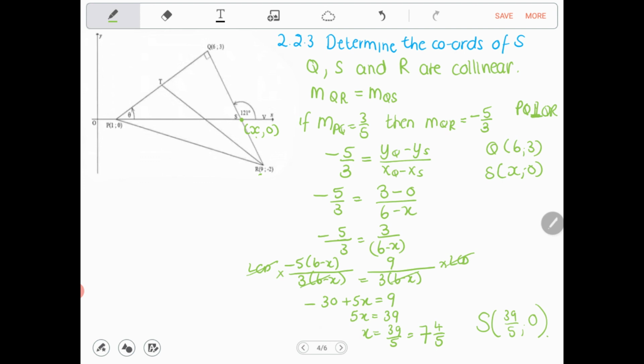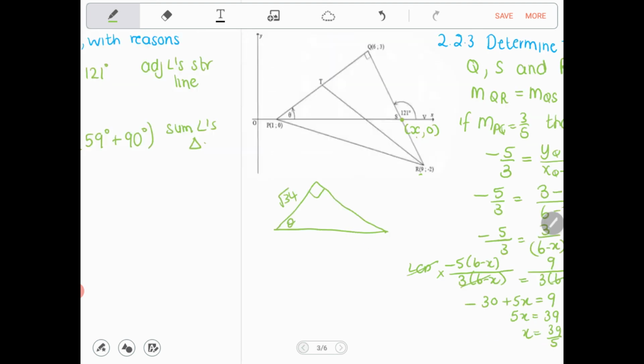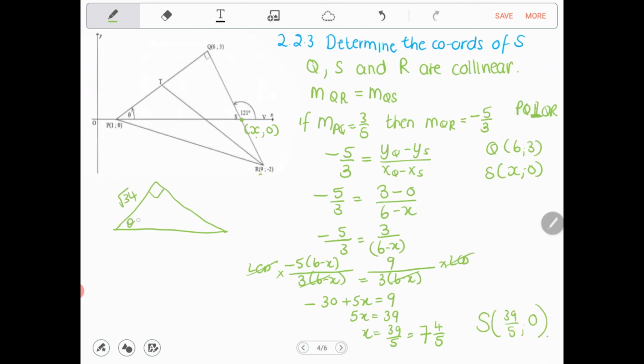Okay, the other way you could have done it is to have worked in this triangle here. We just worked out that angle theta was 31 degrees. So what I could have done is worked out the length of that side, using trig. For this side, I want the hypotenuse.